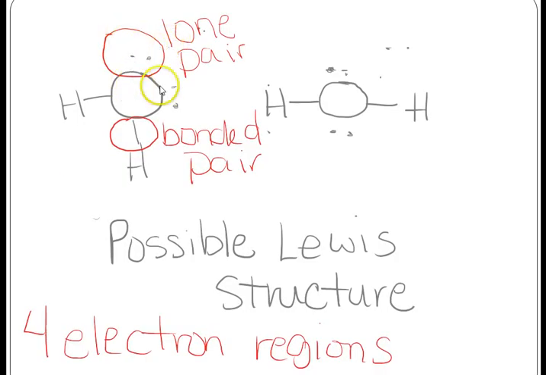Okay, so this is a water molecule. Again, here's your lone pairs. These are the bonded pairs, usually demonstrated by a straight line. You have 4 electron regions, 2 of them being the lone pair electrons and 2 bonded pair of electrons. We can't really predict the molecular structure off of the Lewis dot, because as you can see here, there's a couple different ways that you could actually write the Lewis dot structure.